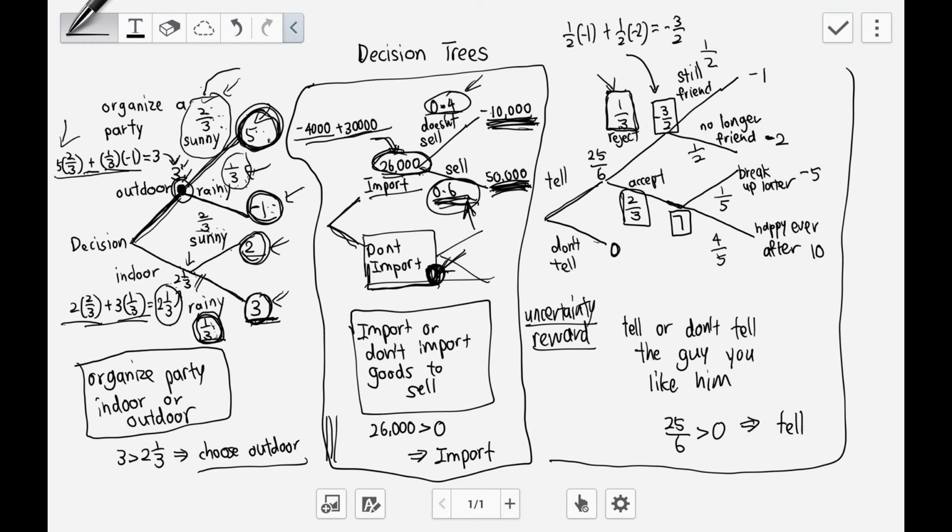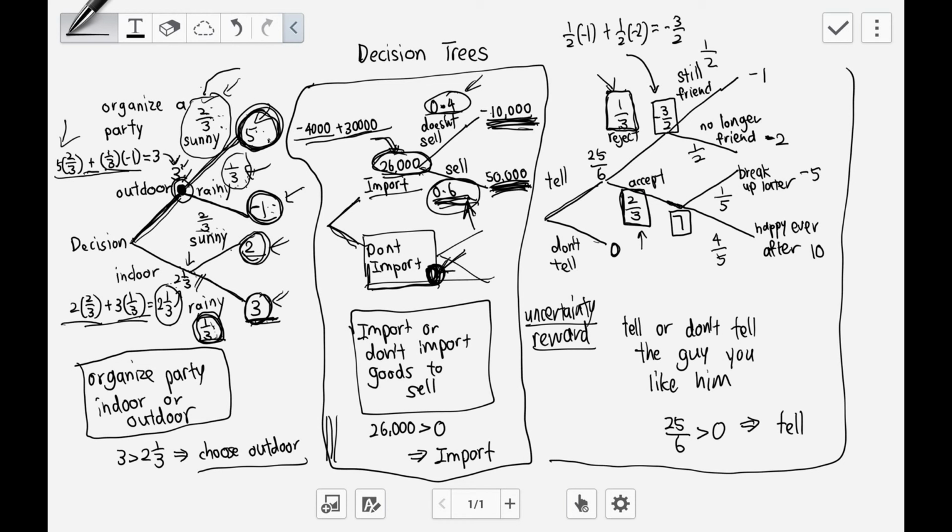Or take it another way: maybe one out of three guys dislike you, but two out of three guys are favorable to you. Maybe you are a very popular person and two out of three guys would accept you to be their girlfriend. So that's your estimation, and you input this probability.